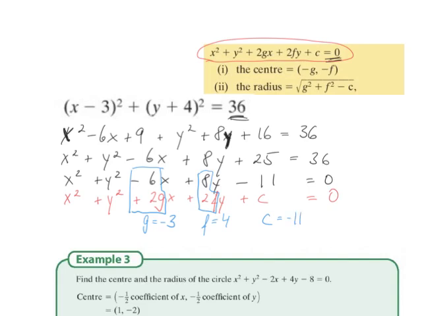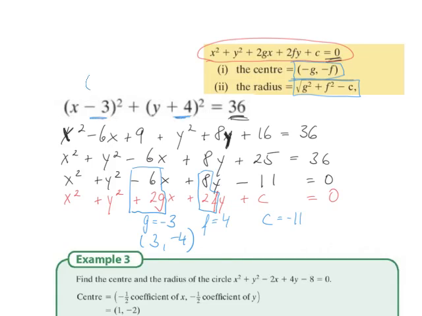I can use these values now to find the center and the radius as well. These are the formulas up here to find the center and the radius. So the center is (minus g, minus f), the opposite sign of the g and f we have found. That gives me a center of 3 and minus 4, and this is also what we got from here.